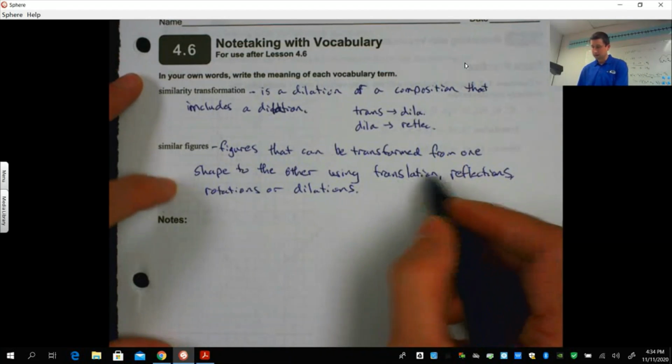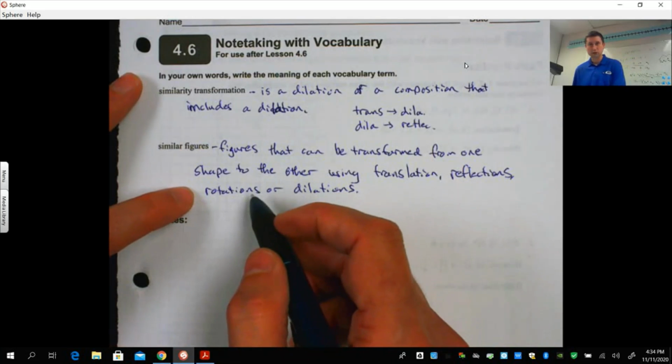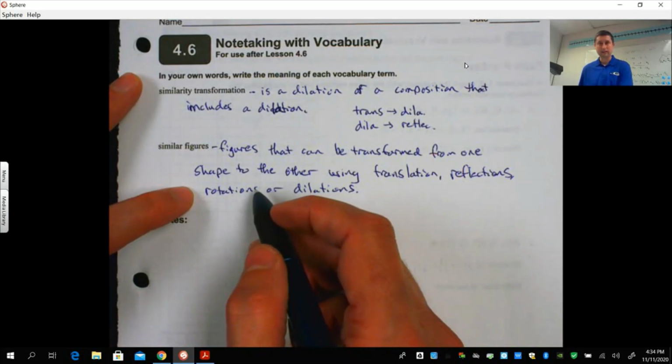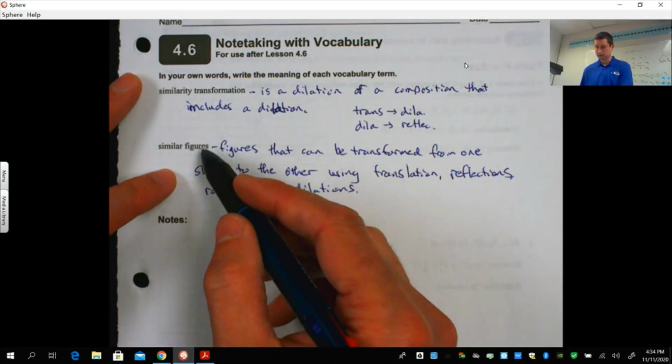Remember, the translations, reflections, rotations, those are called rigid transformations because your shape stays the same size, same shape. Dilation is going to create these similar figures.